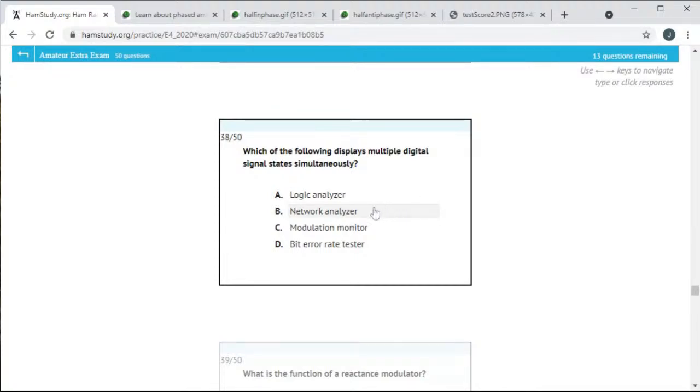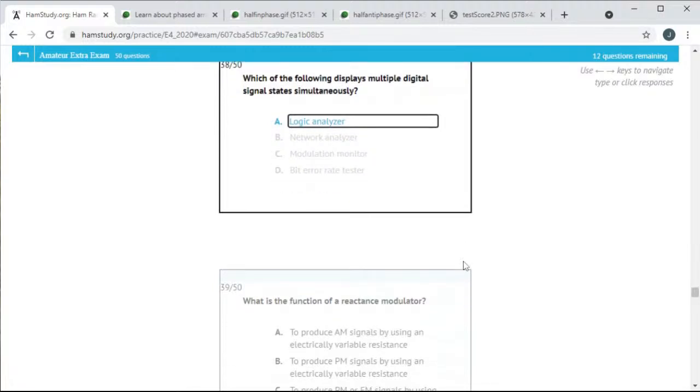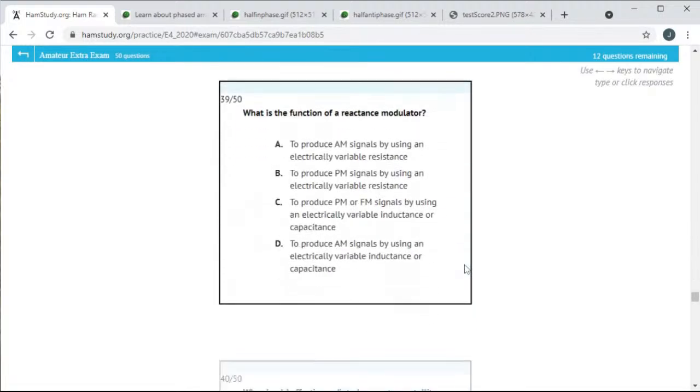I'm going to go with a network analyzer. Actually, no, I'm going to go with the logic analyzer. Digital values are usually displayed logically, as plus or minus, so I'm going to go with that.